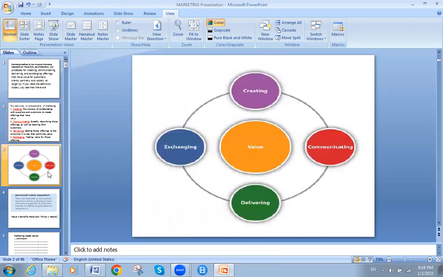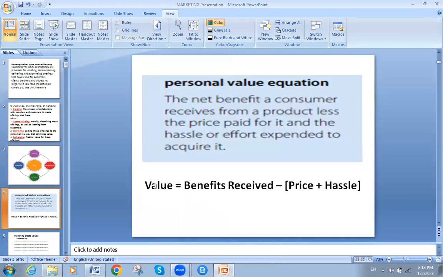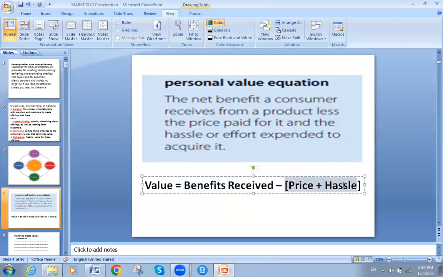We said that value is the benefit received minus the sacrifice. The sacrifice is two things: price plus hassle, or the effort you made to get this product.